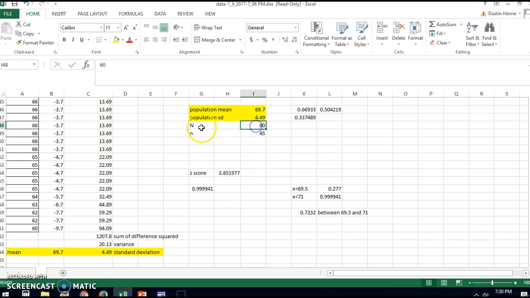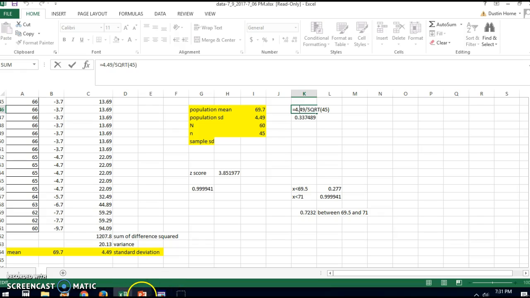So I know big N, you need to know all these things before you start plugging in numbers, okay? We know what the population standard deviation is, population mean, but we don't know what the sample standard deviation is. So how do we find that? Well, first of all, I did 4.49, the standard deviation divided by the square root of n.